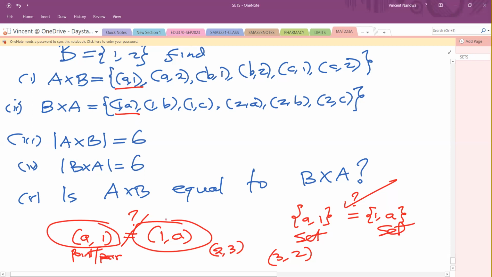And so even that one alone can tell you that you have to be very careful on which kind of brackets you are writing, because any kind of brackets you use has a different meaning with respect to the problem you're trying to deal with. So what is the answer to my question now? Is A cross B equal to B cross A?